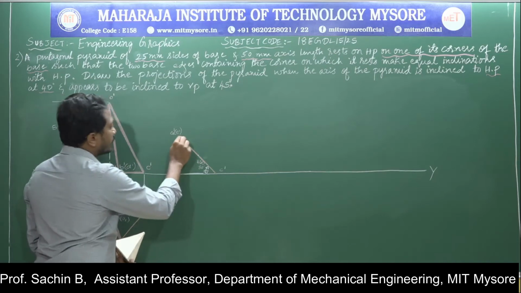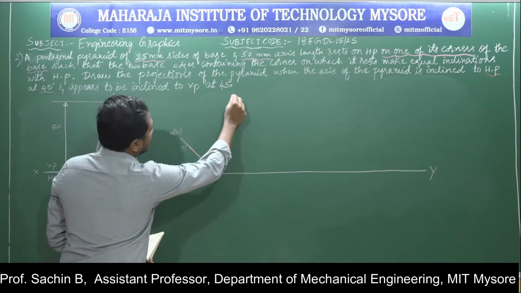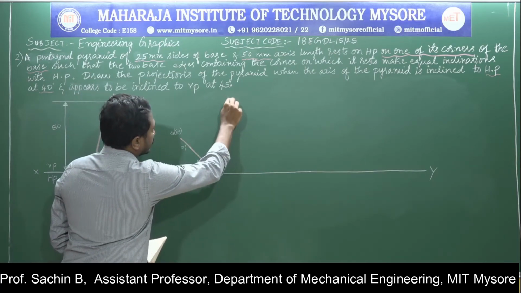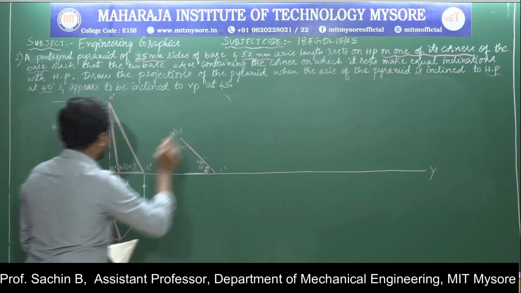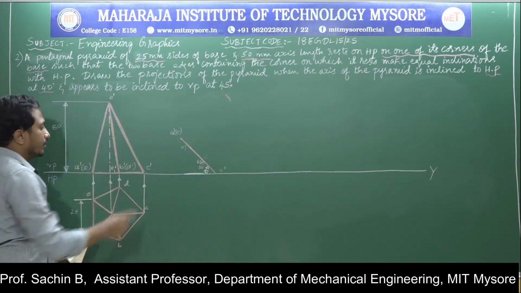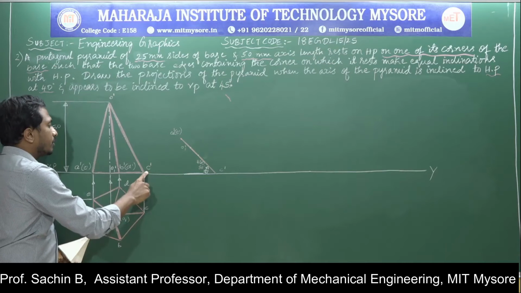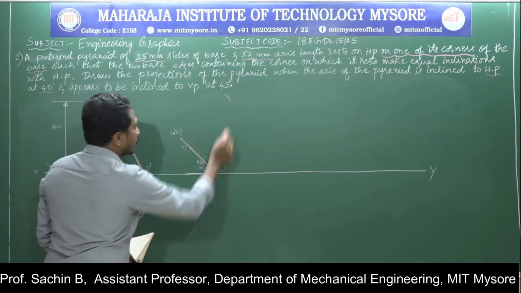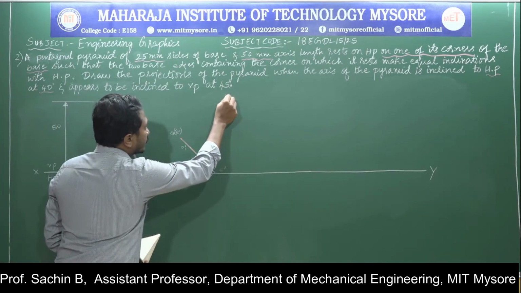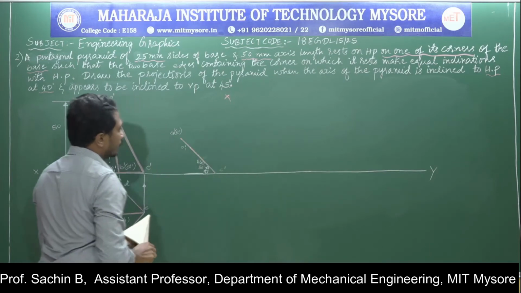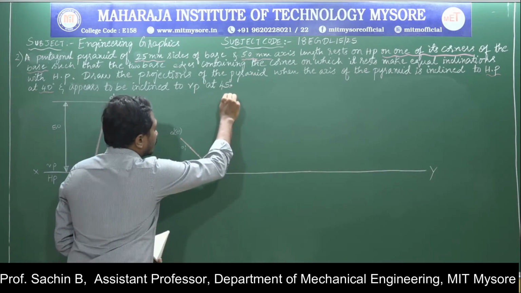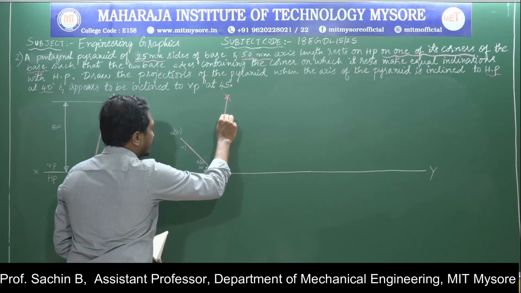Once I have measured from A dash to O dash with the compass, I will cut an arc here. This is my A dash to O dash length. Next I come to C dash and measure from C dash to O dash. Again one more arc intersects this. By knowing this, next I will join the edges.